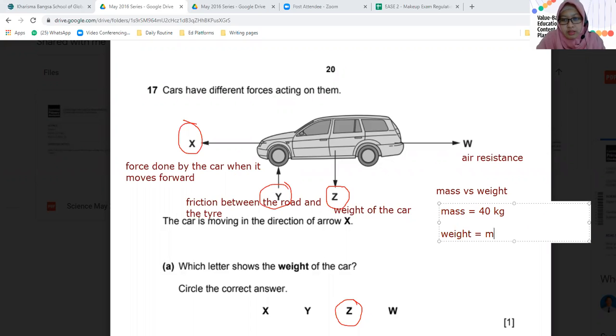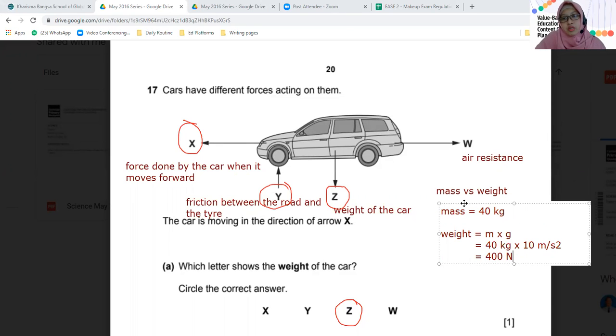Weight is the mass multiplied by acceleration, in this case gravitational acceleration, represented by g. The approximate gravitational acceleration on Earth is 10 meters per second squared, so 40 kilograms multiplied by 10 equals 400 Newton.